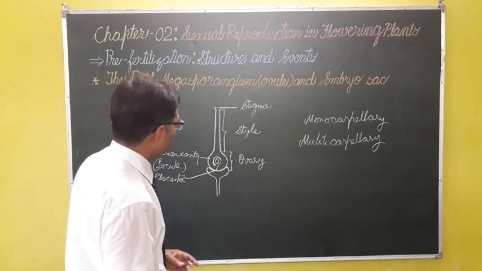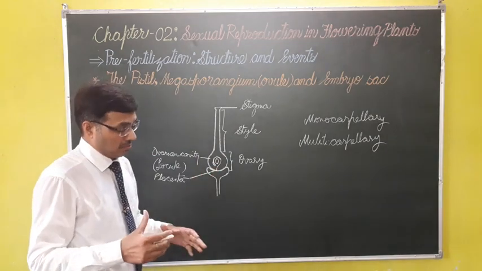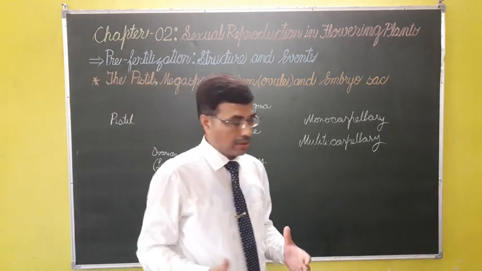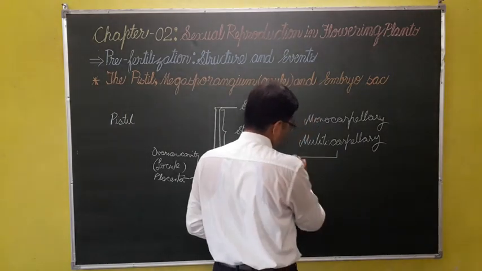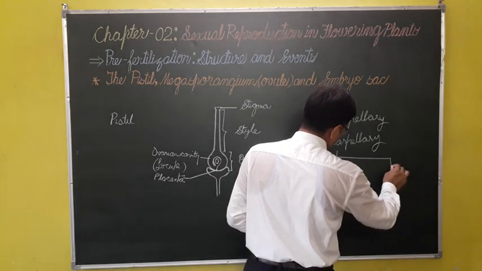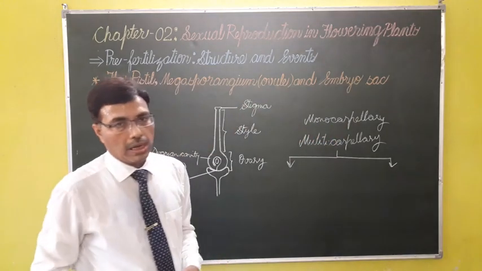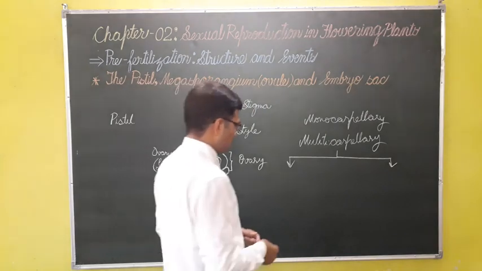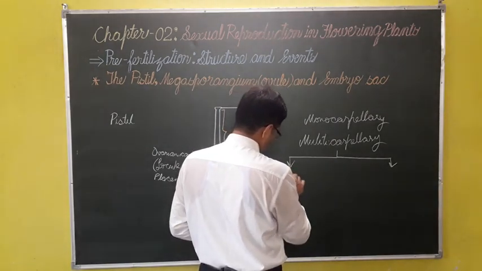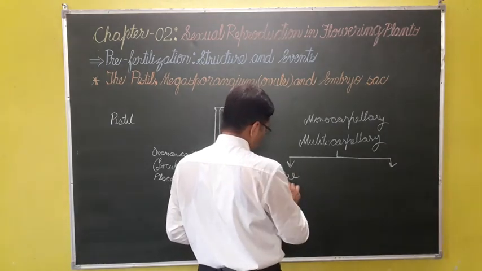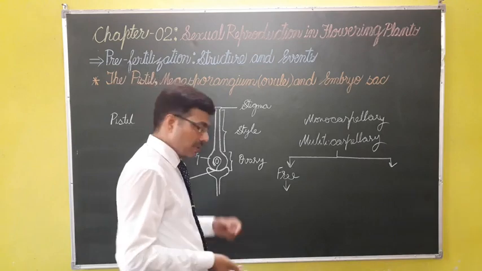Now, if more than one pistils are there, the pistils may be free or they may be attached. If the pistils are free, then that condition is called apocarpous. The gynoecium will be apocarpous.